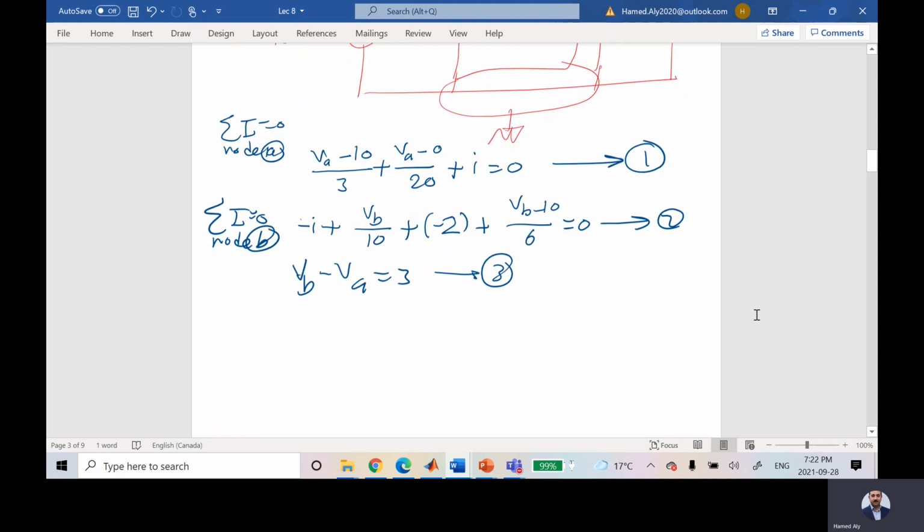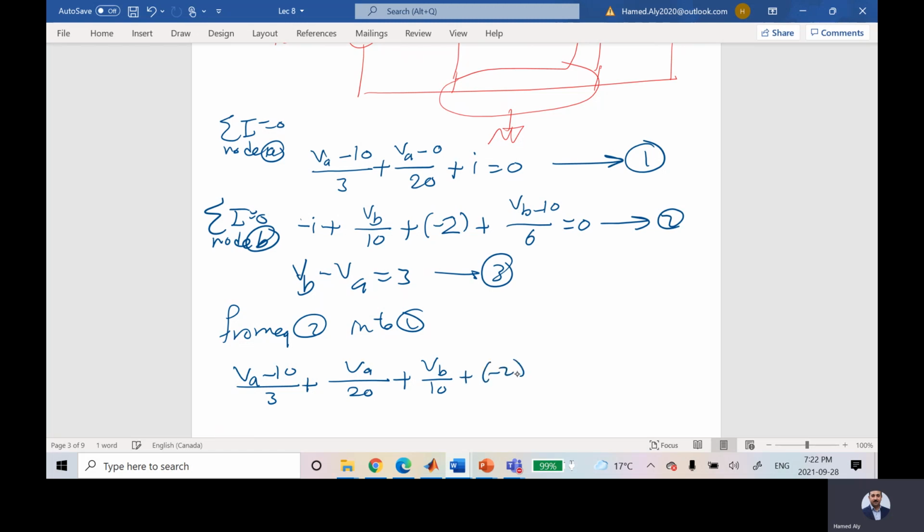So from equation 2 into 1, I will have (VA minus 10) divided by 3 plus VA divided by 20 plus, instead of I, I will have VB over 10 plus negative 2 plus (VB minus 10) over 6. This guy is equal to 0.